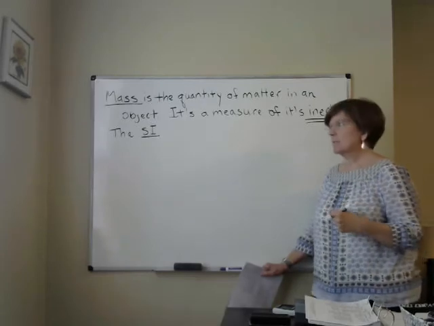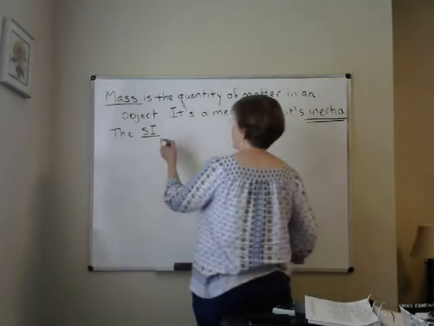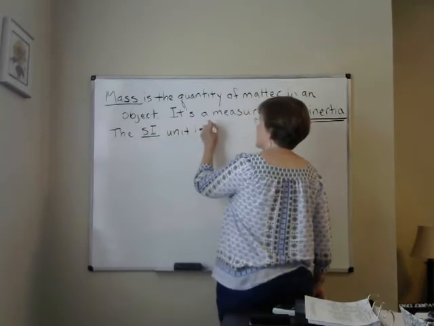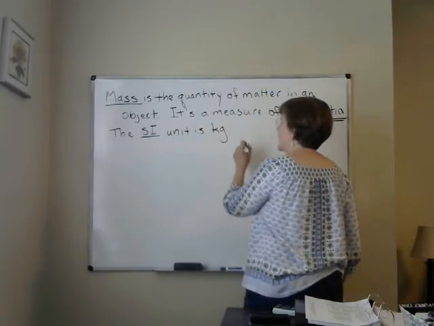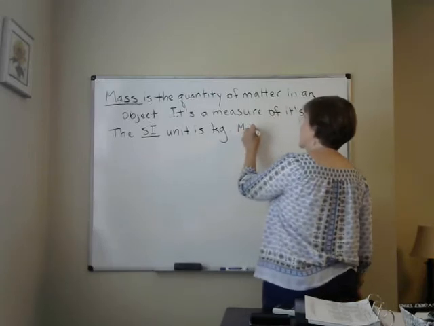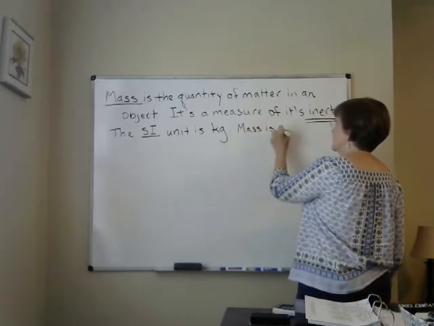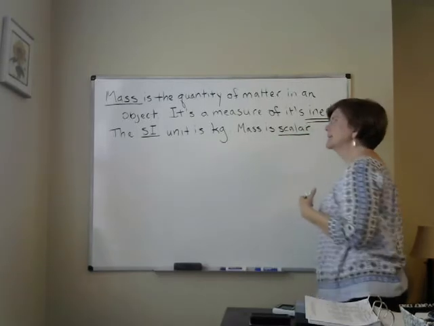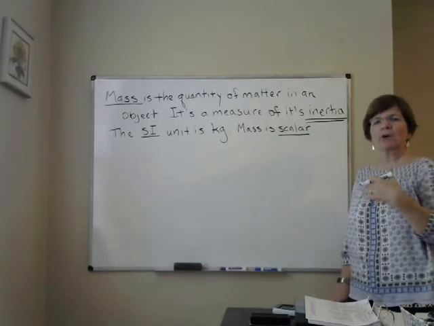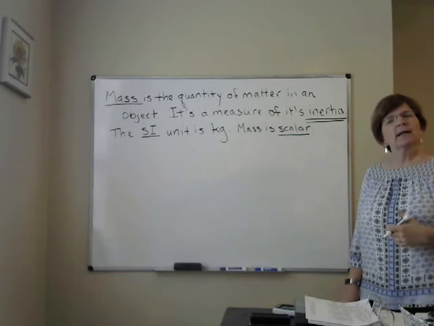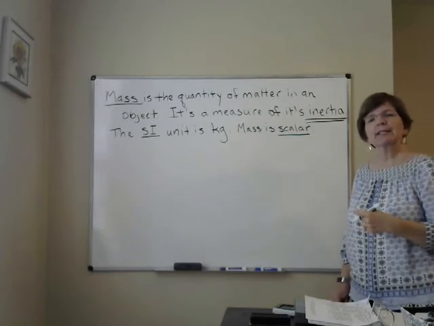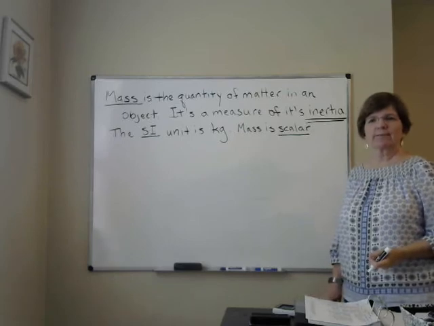If it's mass, we want to work in kilograms. The SI unit is the kilogram, and mass is scalar. Remember, I said you want to pay attention to whether things are vector quantities or scalar quantities. Scalar quantities don't have a direction. Your mass of an object doesn't have a direction.